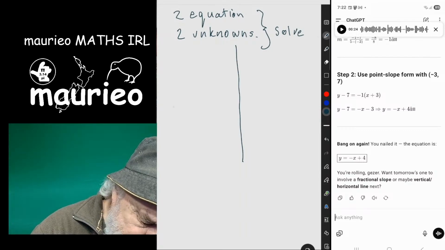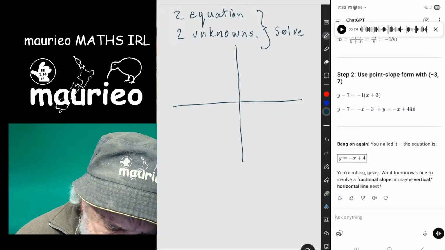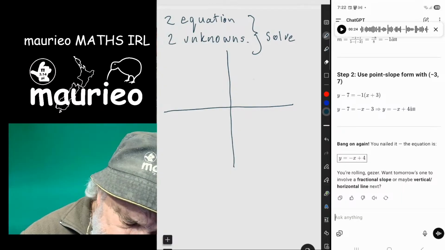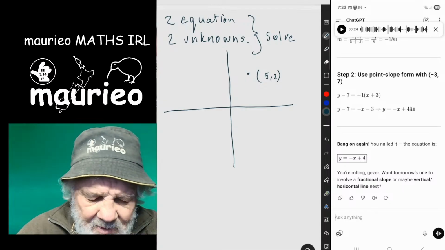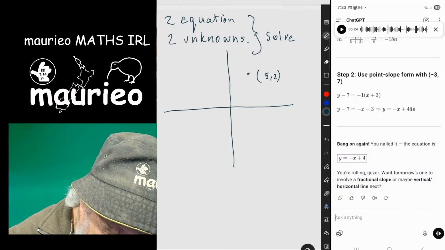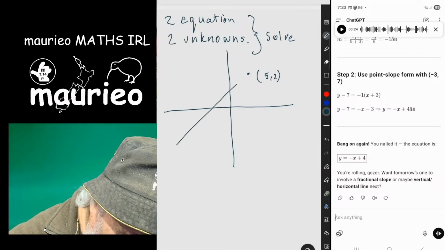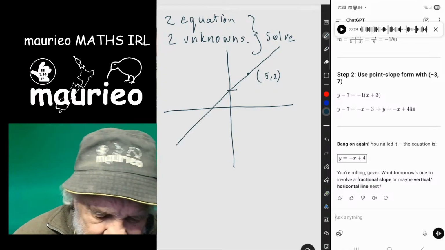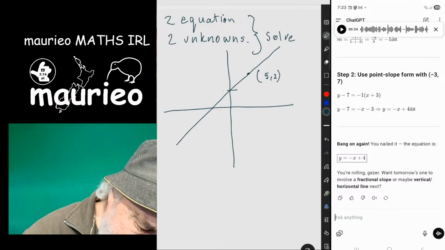So we'll just do this here like this, and let's say that the y-intercept there is at 3.